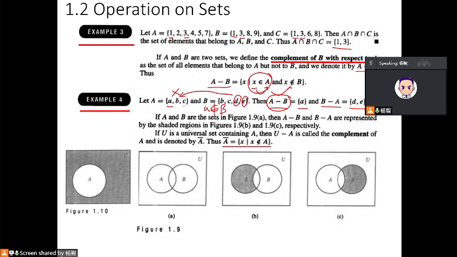Okay, if A and B are the sets in figure 1.9a, then A minus B and B minus A are represented as the shaded parts.